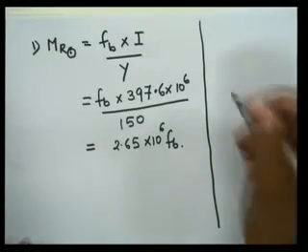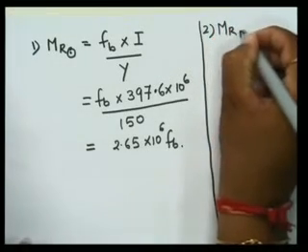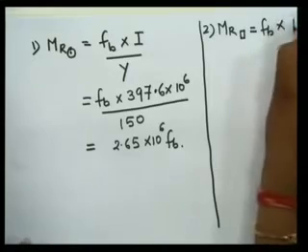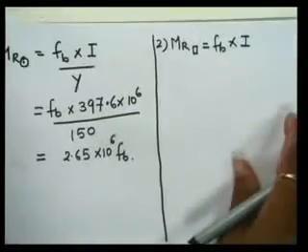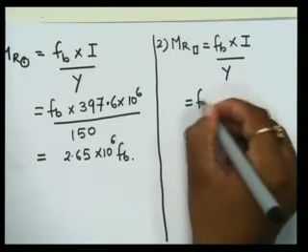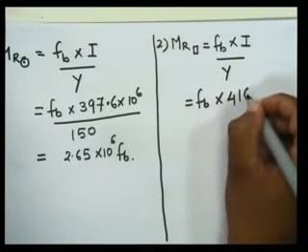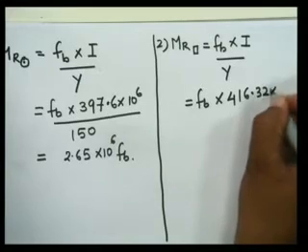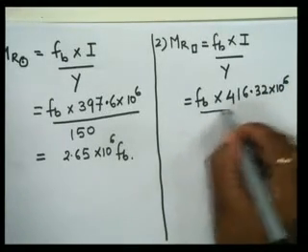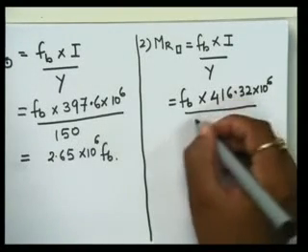Similarly, the moment of resistance for the square. As the material is the same, Fb will remain the same, Fb into I upon y. I we have calculated as 416.32 into 10 to the power 6, divided by y, that is 265.86 divided by 2.